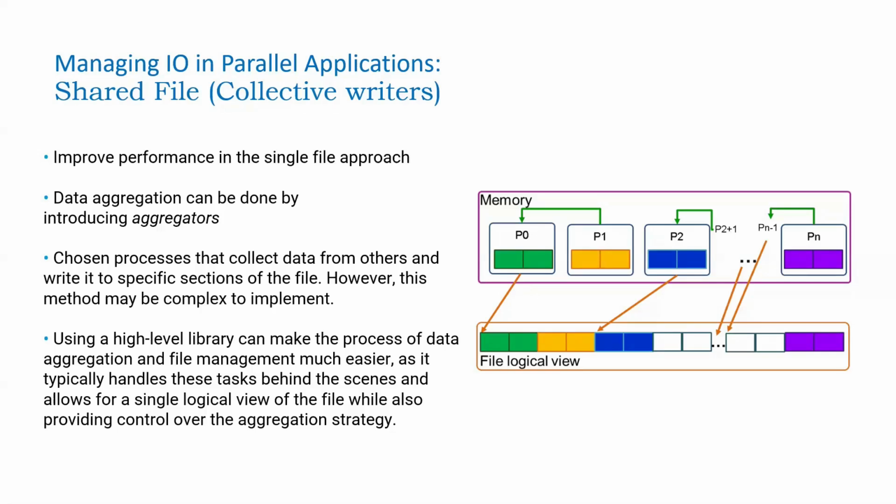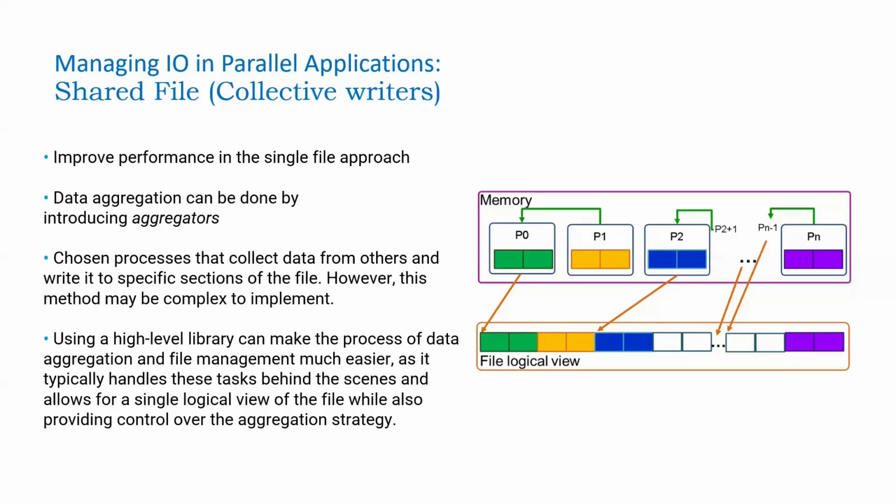Instead, they choose certain processes to write the collective data to a file. This should certainly be more efficient, and that is the purpose, though sometimes it may be difficult to implement.